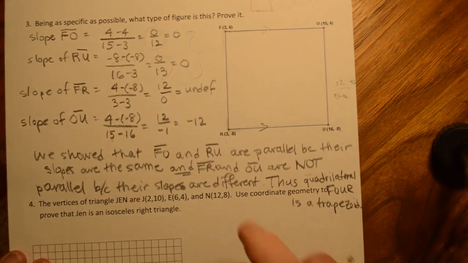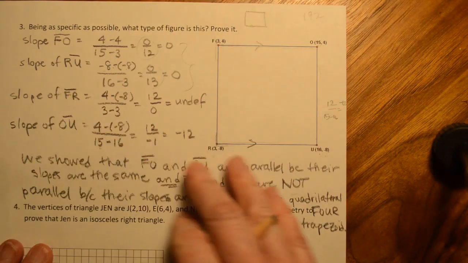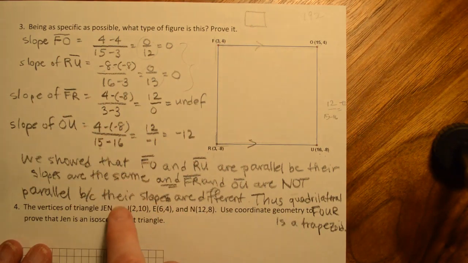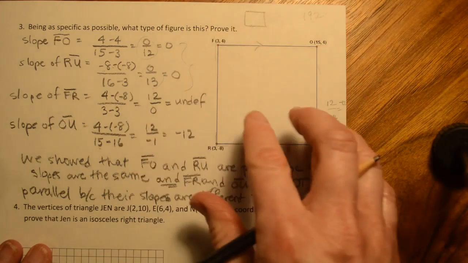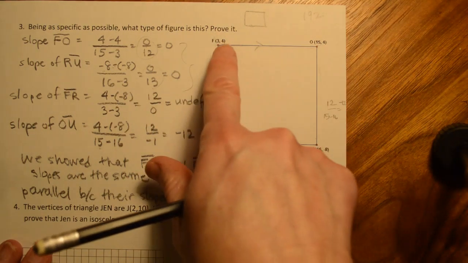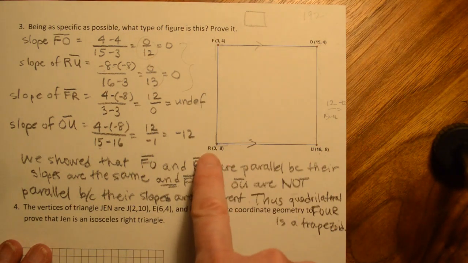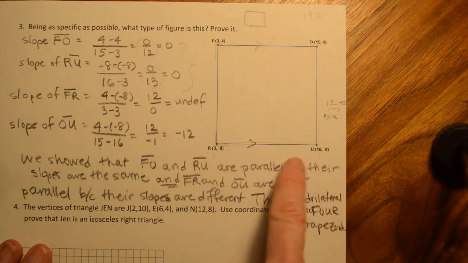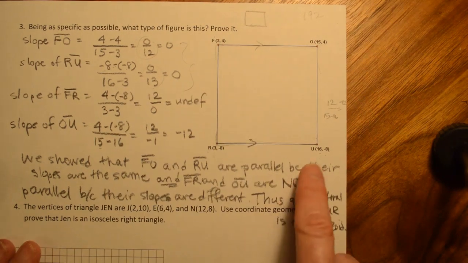Okay, again, the hard part here is not the proof. It's very easy just finding 4 different slopes. The hard part is resisting what your eye is looking at and making sure that you're validating what you think it is using the information that's given.